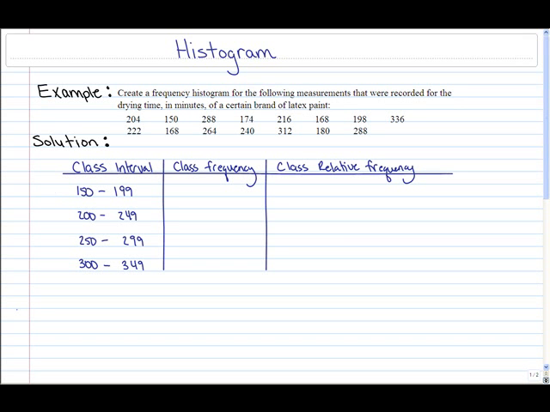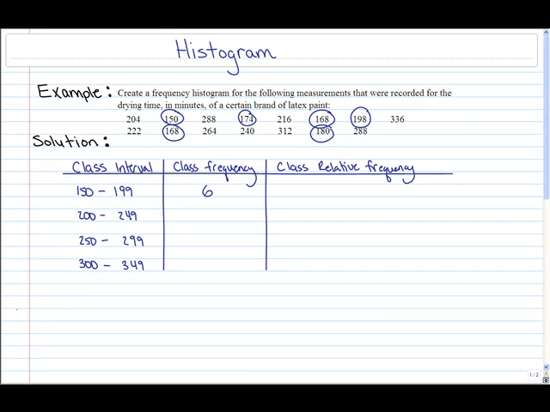So any values between 150 to 199, how many values do you see? I see 150, 168, 174, 168, 180, and 198 also fall within that class. So I see a total of 6 values that fall within that first class. That is then your class frequency.